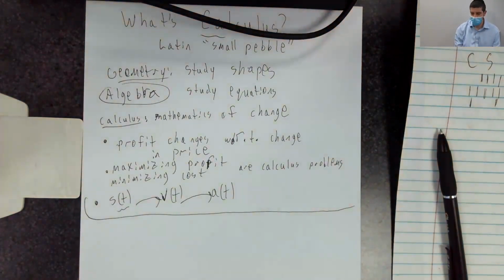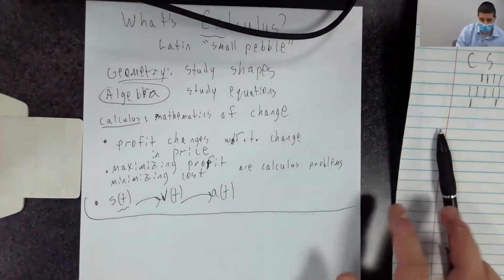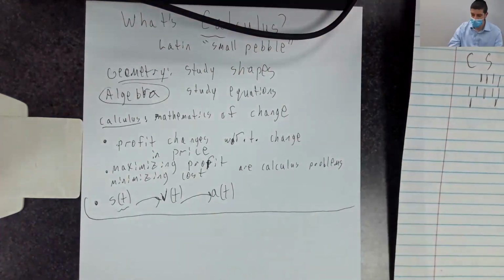Because I'll only have select examples, but if students want to see examples from calculus in biology or calculus in chemistry, let me know so I can change my examples a little bit.